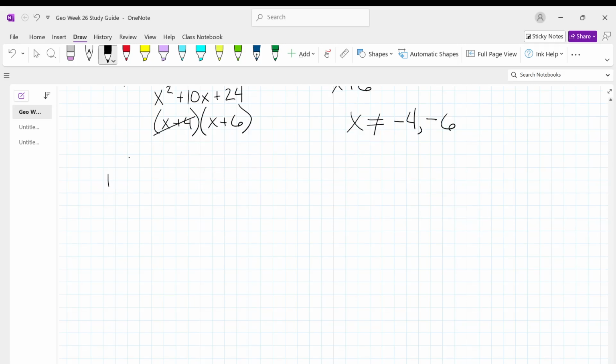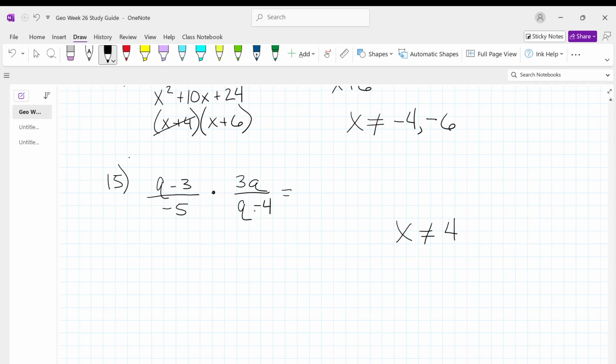Problem number 15 is a multiplication problem where you have to state excluded values. We've got q minus 3 over -5 times 3q over q minus 4. At this stage, we're going to exclude +4.